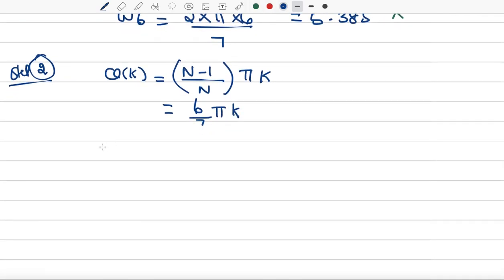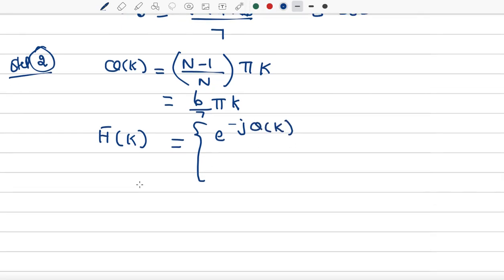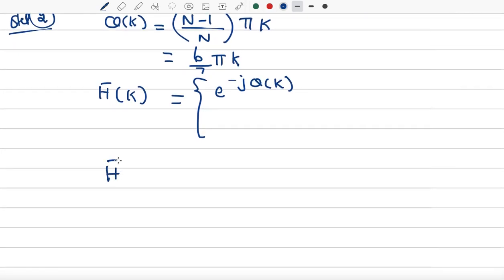And what's the formula for H gap of k? This is the desired frequency response. It is e power minus j theta of k. So from this we can write H gap of k equal to e power minus j theta of k.